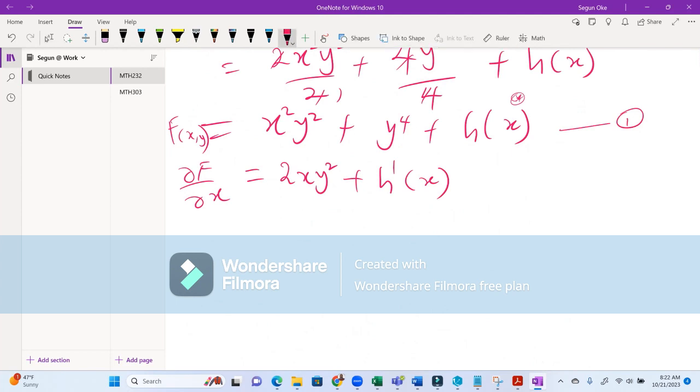This particular equation, 2xy squared plus h prime of x, equals our m. Our m is what? 2xy squared plus 3x squared.